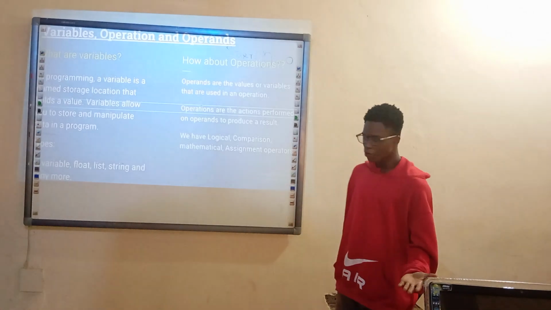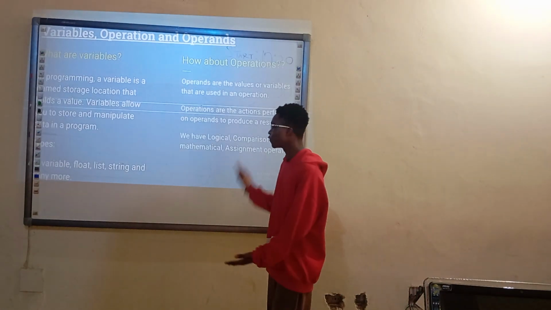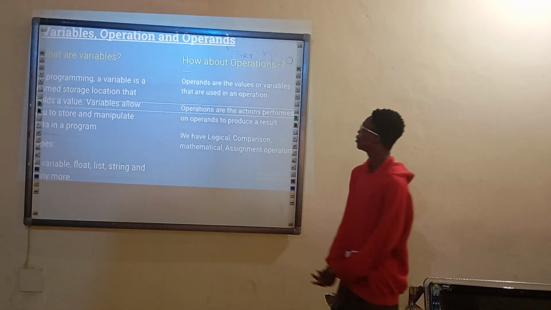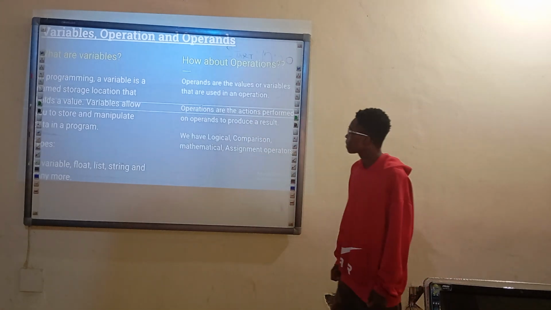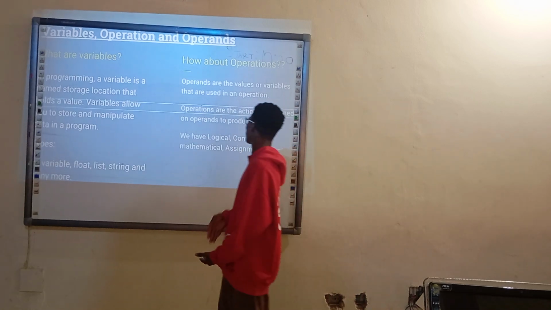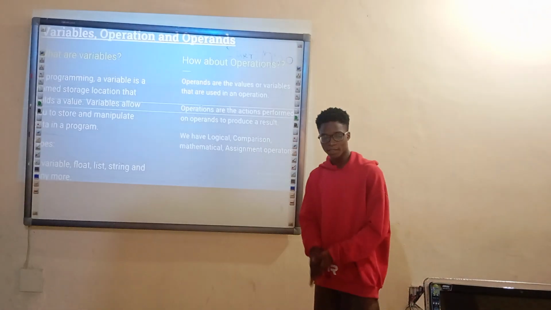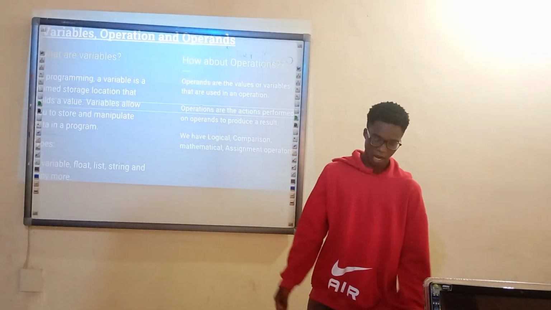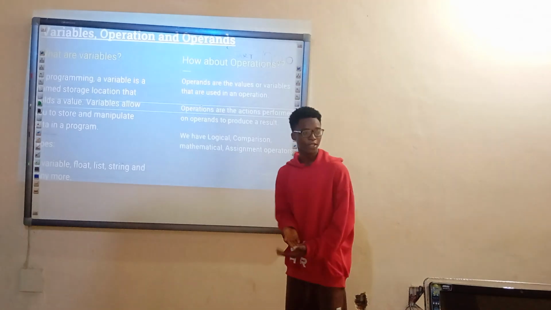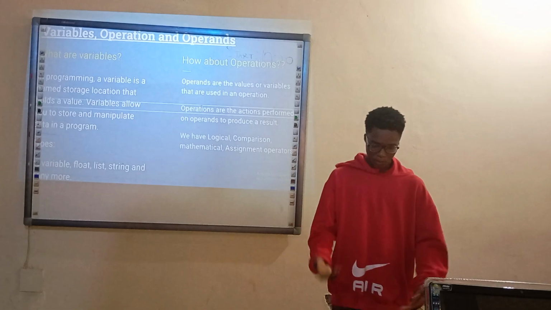We have various types of variables: the integer variable, the float variable, the list variable, the string variable, and many more. About operations now. Operands are values or variables that are used in an operation. Operations are actions performed on these operands. And we have the logical operations, the comparison operations, the mathematical operations, the assignment operators.